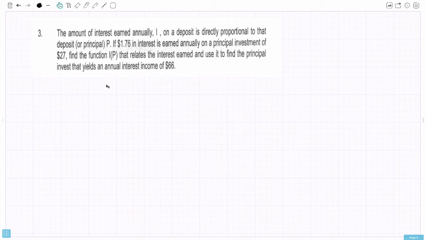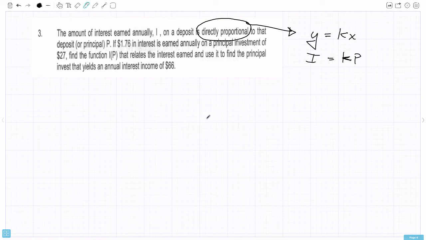So we'll first do this directly proportional. When you read directly proportional, that is going to set up an equation of this basic form, although in this case I'll write it as interest proportional to the principal amount. I'll use letters that indicate the meanings of the variables.